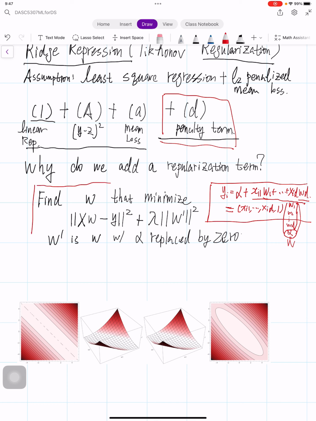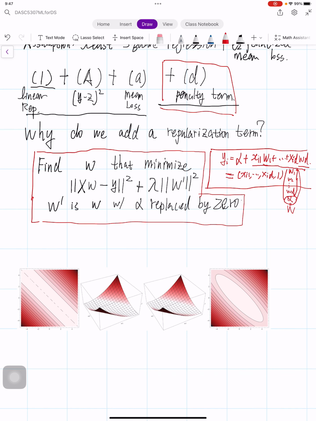So we are trying to find a weight W that minimizes this cost function. Actually, think about what this will do. A large lambda will encourage small w.